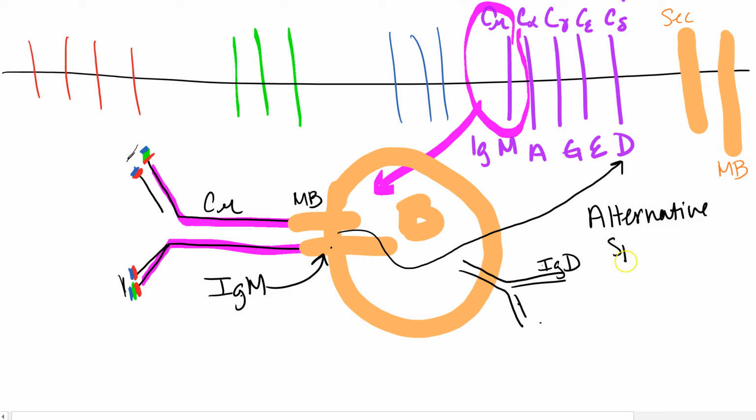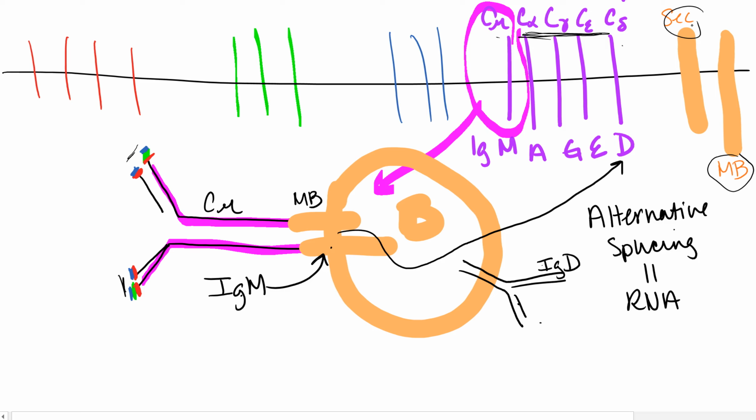And alternative splicing occurs at the RNA level. And that's important because what we're doing here is allowing for the expression of C-mu or C-delta, but we haven't ruled out the possibility that one day this B cell will express alpha, gamma, or epsilon. We also haven't ruled out whether or not it will be membrane bound or secreted. We're not making any hard and fast decisions here.